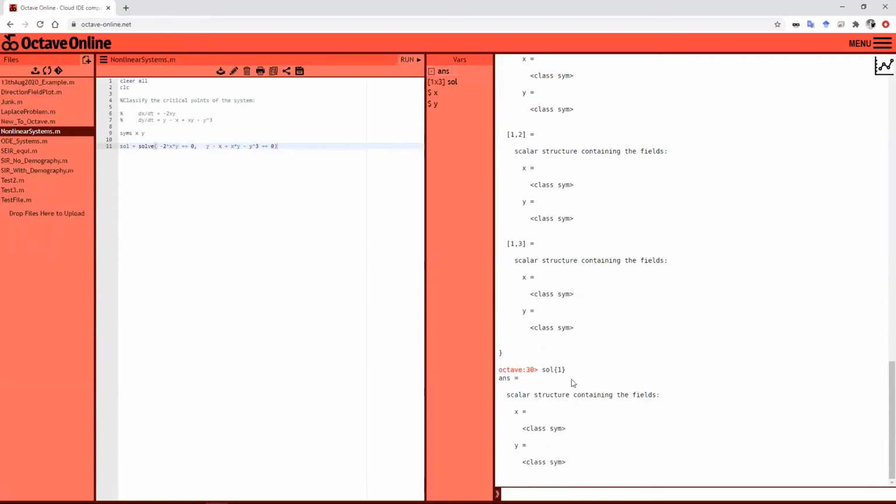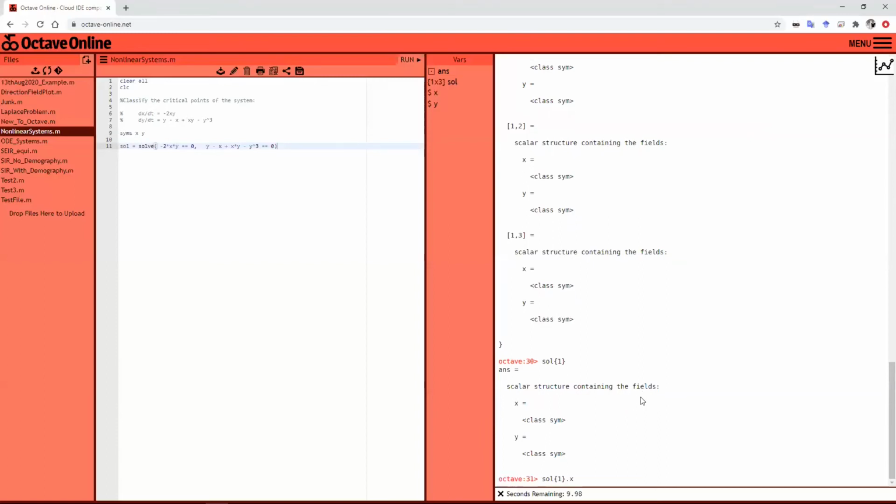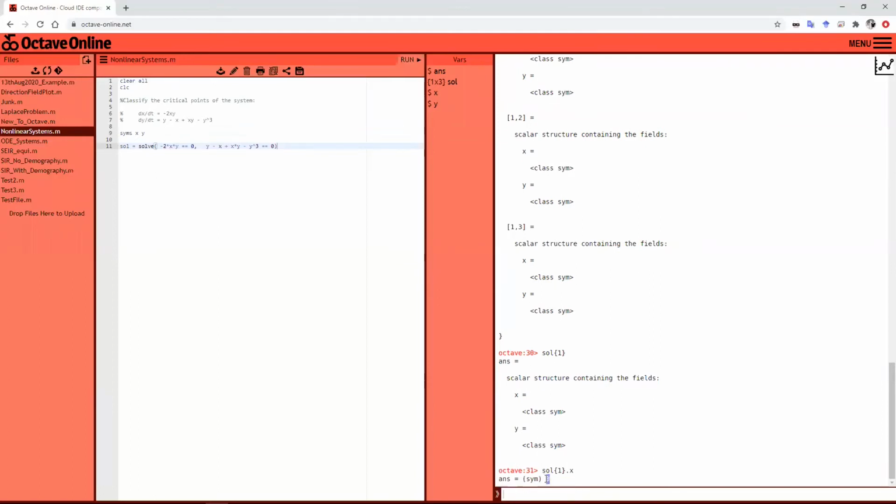So in the entry sol 1, I have an x and a y, a scalar structure containing 2 fields. So I'm going to type sol 1 dot x, and now you can see that gives me the answer 0. Okay, so the way I can find these 2 points is writing sol 1 dot x, sol 1 dot y.